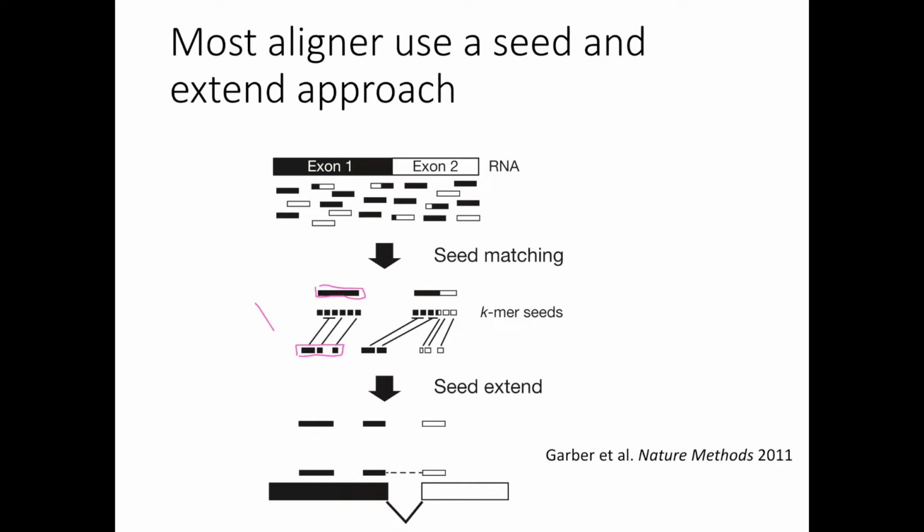This is okay. But then there are other reads like this one, which contains information from both of these two exons that are separated by an intron. And then some of these seeds are being mapped to the right position on this side, and some of the seeds are being mapped to this side.